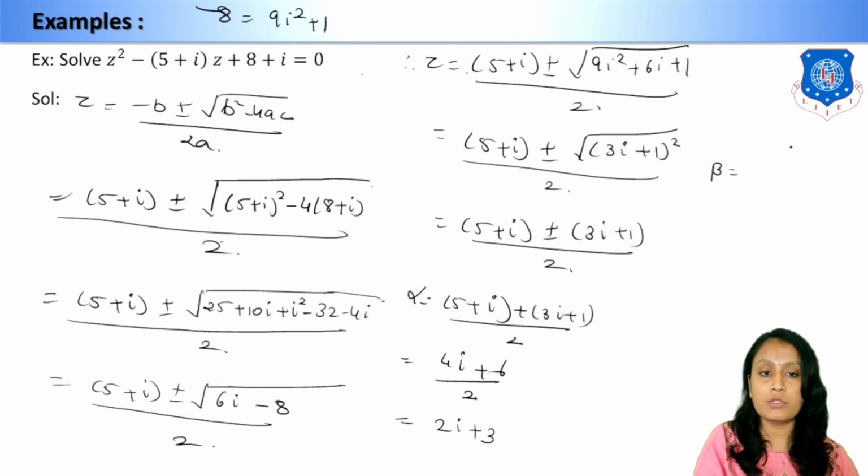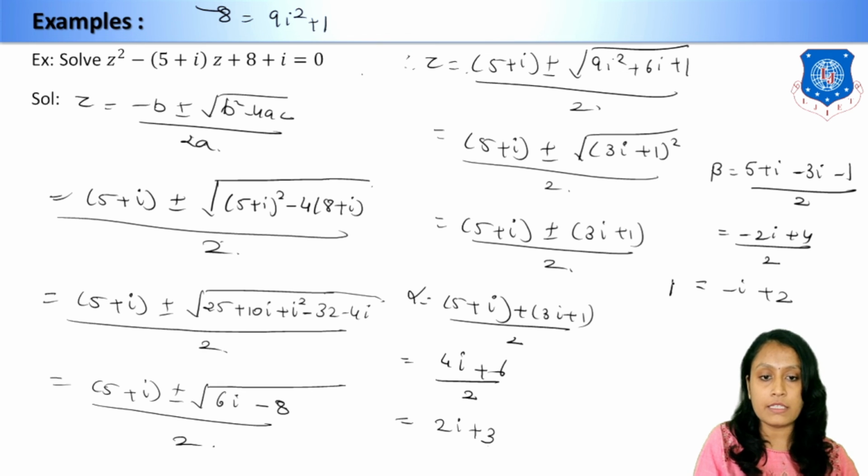In that we have to subtract. So this is 5 plus i minus 3i minus 1 upon 2. So i minus 3i, that is minus 2i, and 5 minus 1, so plus 4 upon 2. Okay, on further simplification we will get minus i plus 2 as beta.